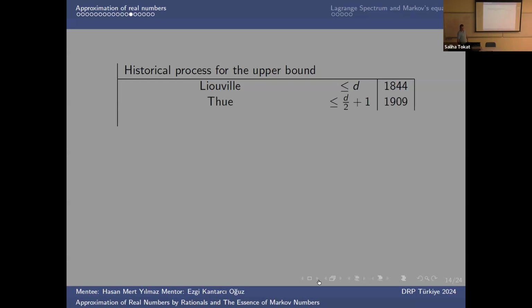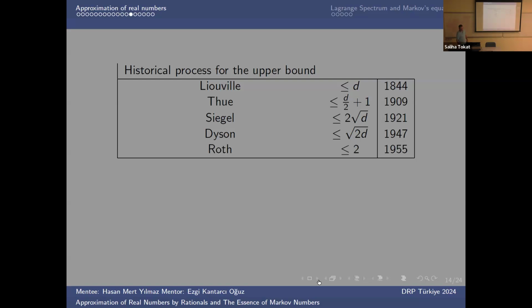After long years, Thue gave the lower upper bound d over 2 plus 1, and Siegel lowered the upper bound to the square root of d, and these two upper bounds depend on the degree of the algebraic number. After some time, Freeman Dyson lowered the upper bound to the square root of 2d, and finally Roth lowered the upper bound to 2.